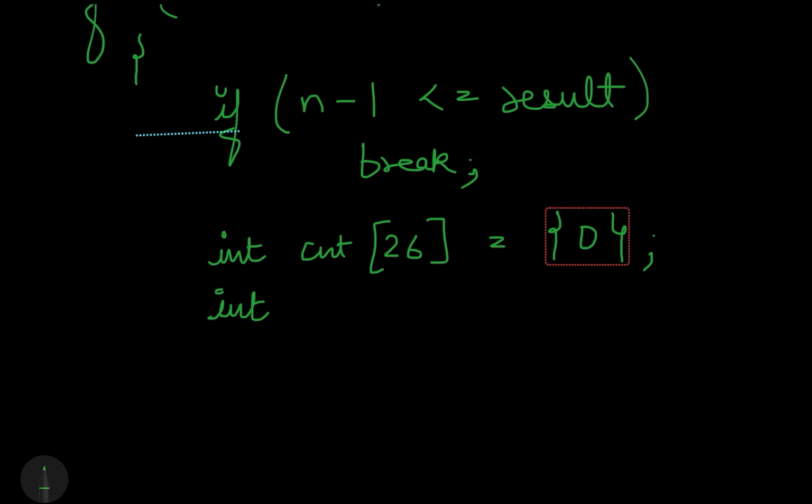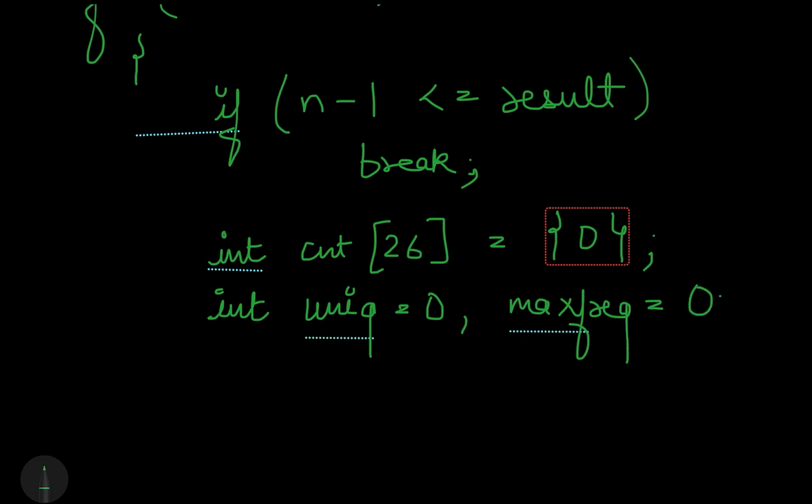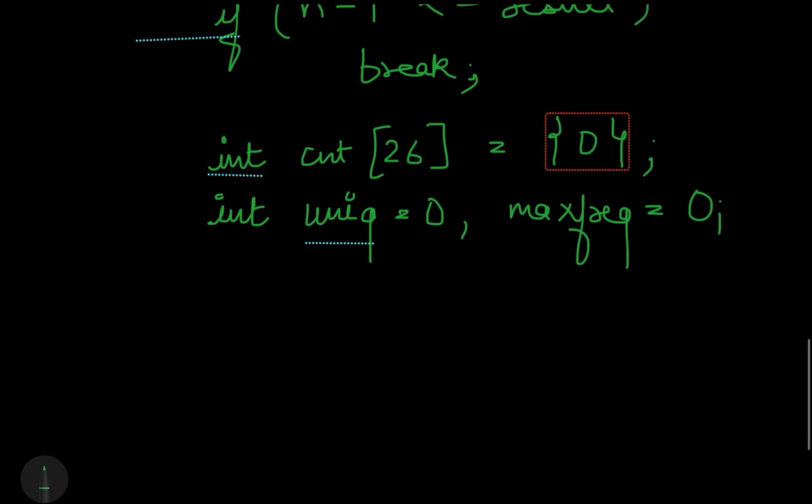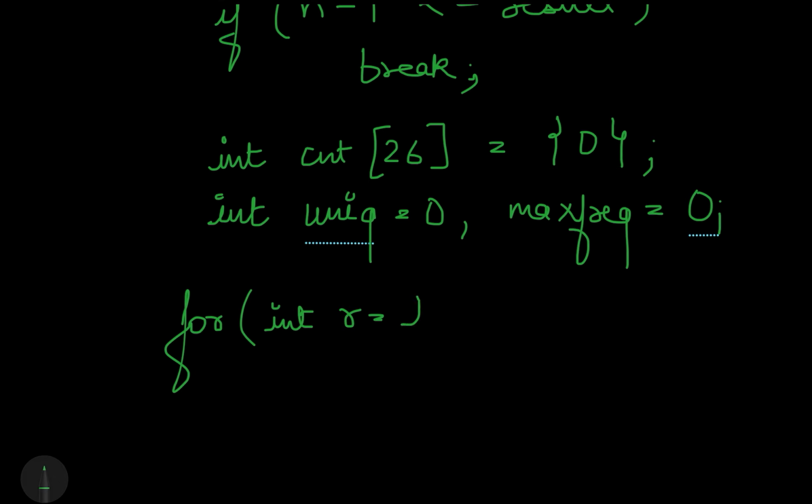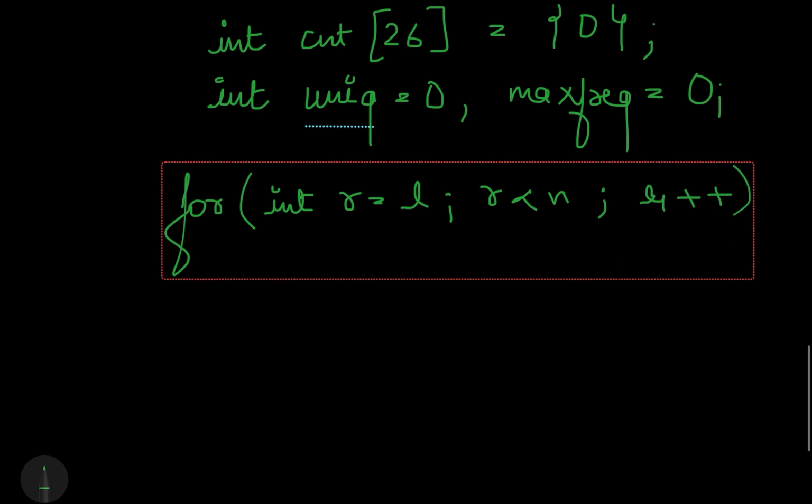Then we can define variables to track the unique characters and the maximum frequency. Now we'll take another loop in which we'll iterate through all the substrings starting from our L going till N, with R plus plus.